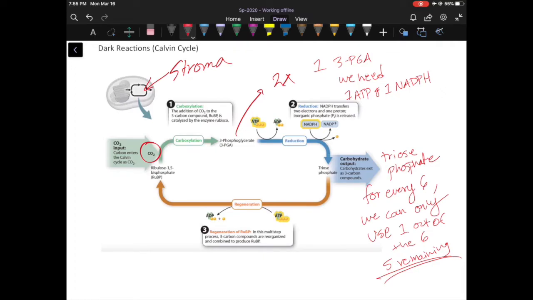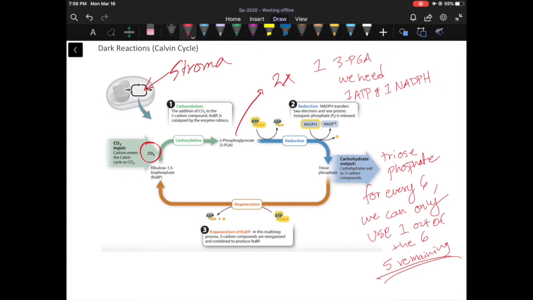So the last step of the Calvin cycle is known as a regeneration of the molecule that we talked about that combines with the carbon dioxide, known as ribulose 1,5-bisphosphate, or RUBP for short. And for the Calvin cycle to keep on going, we need to regenerate that 5-carbon molecule.